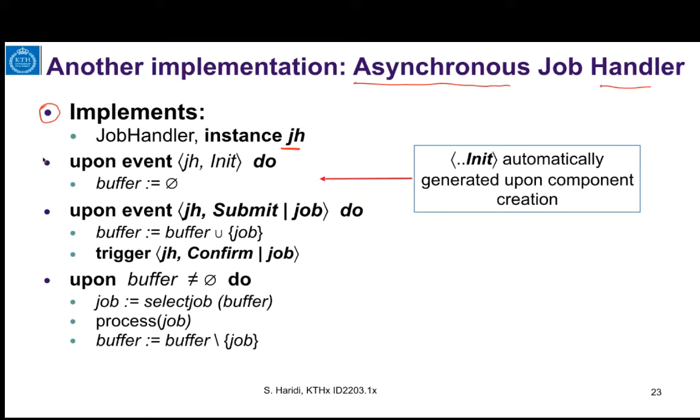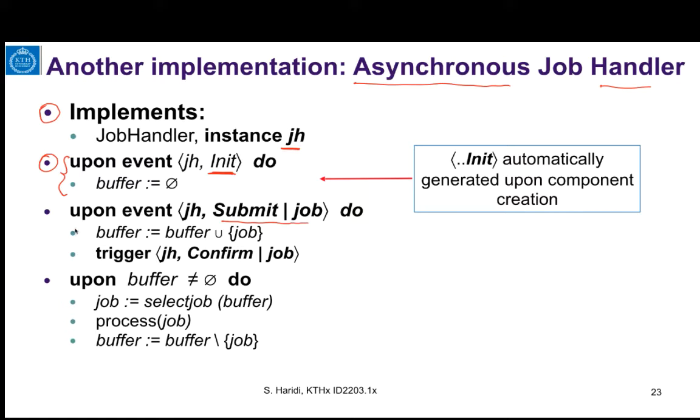Now this component has a state. We will always use the word init to specify an initial event that is generated and executed when the component is created. So init is automatically generated upon component creation, and it is executed before this component can accept any other events.